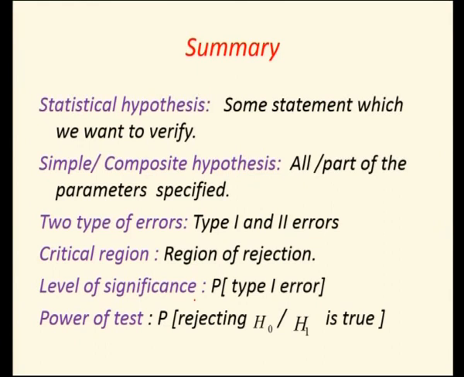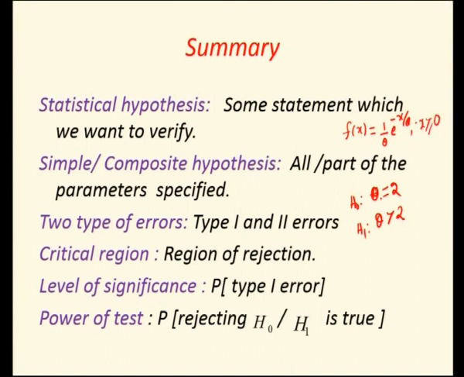In particular, if I say that f of x is 1 by theta e to the power of minus x by theta, and I define a composite hypothesis, for example H naught such that theta is equal to 2 against an alternative, say theta greater than 2, with the density defined for x greater than or equal to 0.